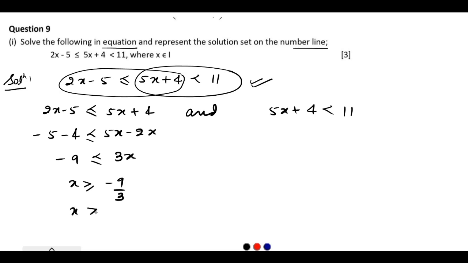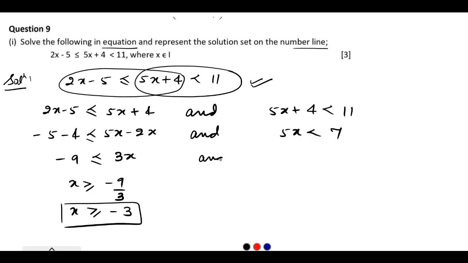Solution of the first inequality: x is greater than or equal to minus 3. The second is x is less than 7 by 5, which means x is less than 1 by 4.